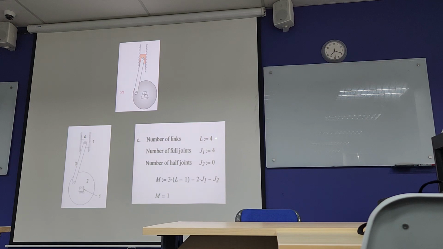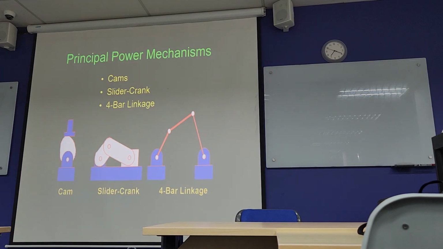So the total number of links is 4 here. The number of full joints is 4: 1, 2, 3, and 4 here. There are 2 links here. No half joints, so the degree of freedom is 1.